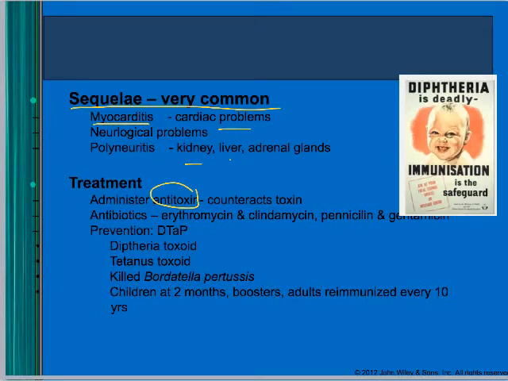Then they'll also give a combination of antibiotics to get rid of it. The best way to take care of it is to prevent it, and to prevent it, they use vaccines. So they have the DTaP, and sometimes the letters are in a different order. The vaccine is against diphtheria toxoid, tetanus toxoid, and Bordetella pertussis, which is whooping cough.